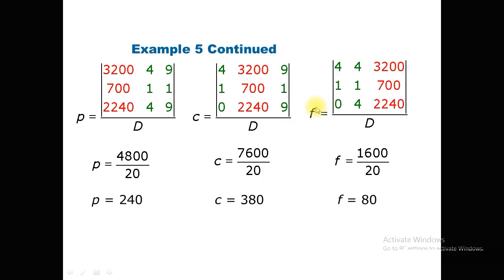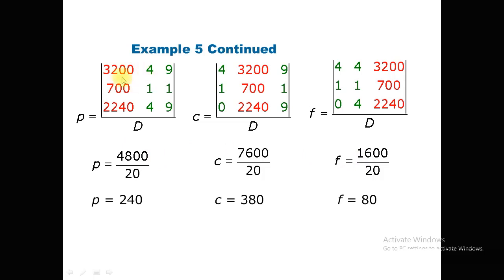And for f, construct the new determinant dz. Since here we are finding the values of p, c and f, name the new determinants dp, dc, and df. Find the determinant df and divide by the value of the coefficient determinant, and we get the value of f.